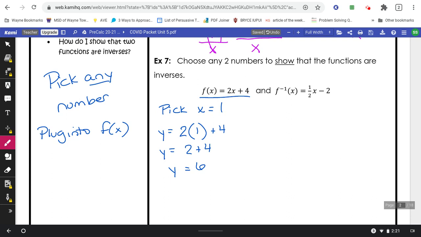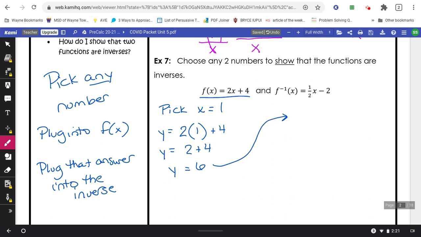What I'll do with that 6 then is plug that answer, whatever answer you got when you plugged it in, into the inverse. So I'm going to take the 6 and plug it in right here for the x. 1/2 times 6 minus 2.